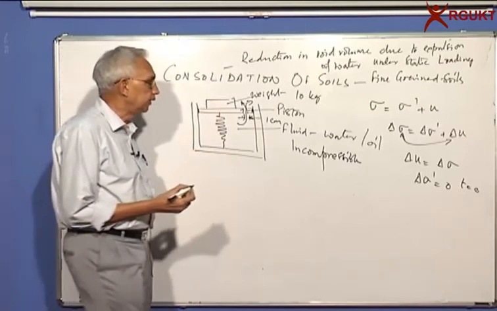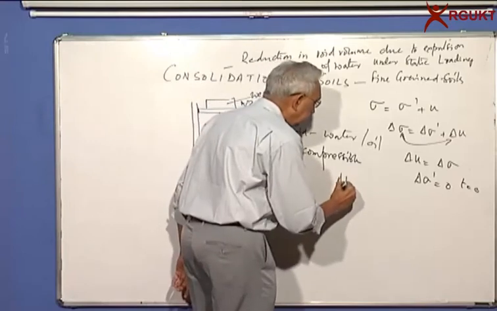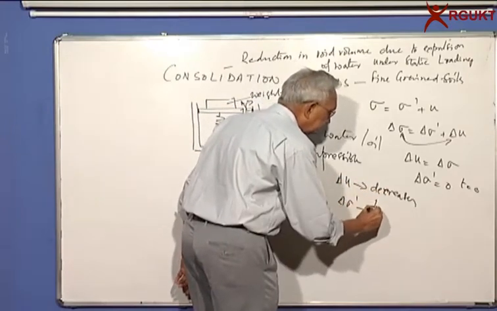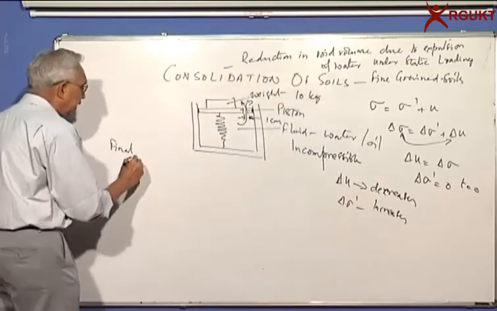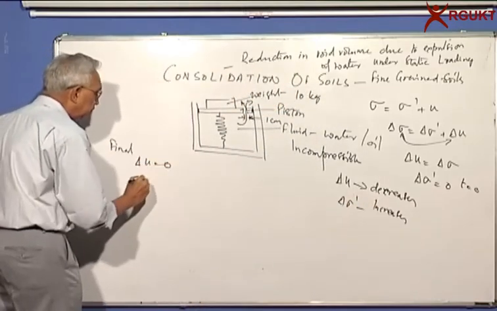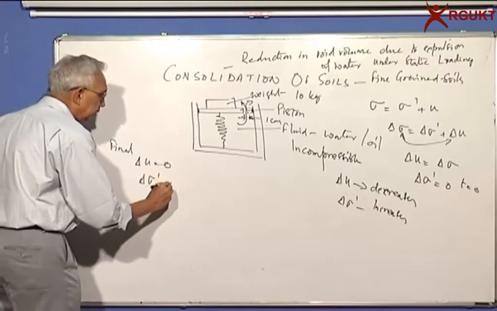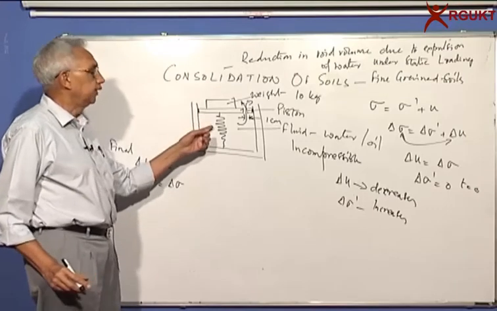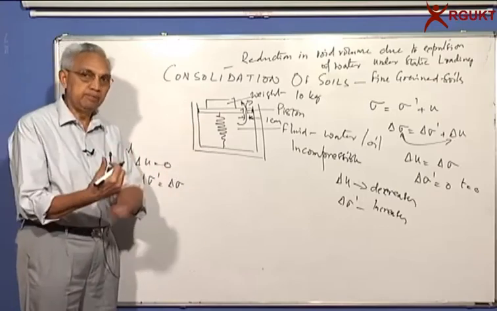So what happens? Usually delta U decreases and delta sigma prime increases. And finally delta U becomes 0 and delta sigma prime becomes delta sigma. All the applied load will get onto the spring and the spring will compress.